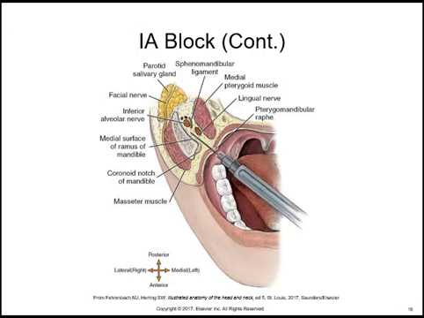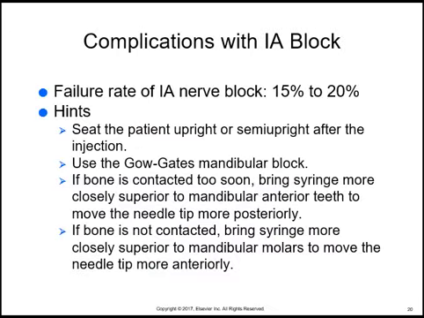Now, the complications with the IA block. The failure rate of the IA nerve block is about 15 to 20%. The lack of consistent success is going to happen. So it's not going to be consistent success every time with this injection.